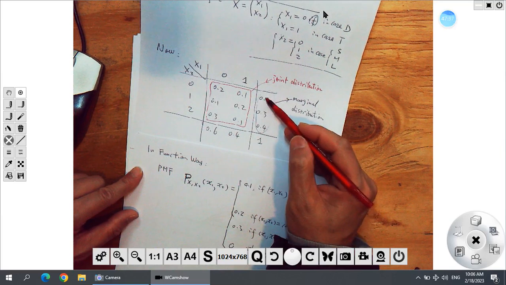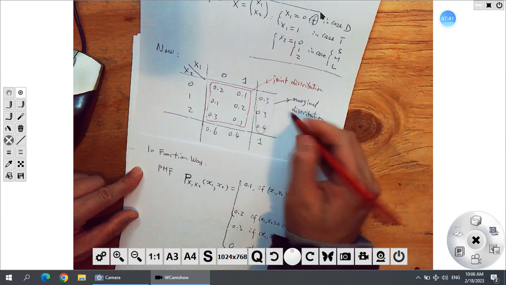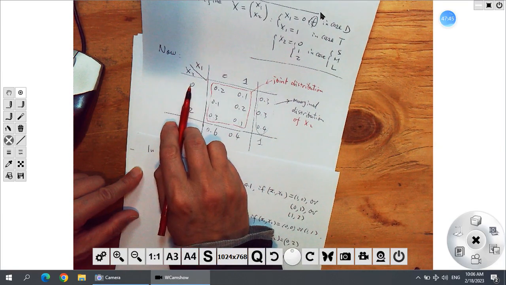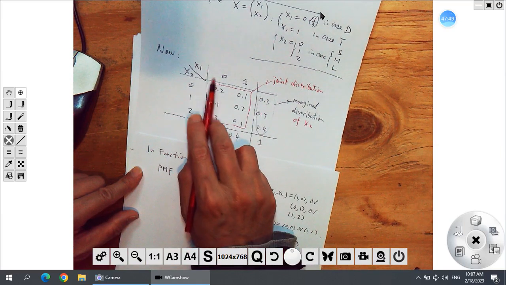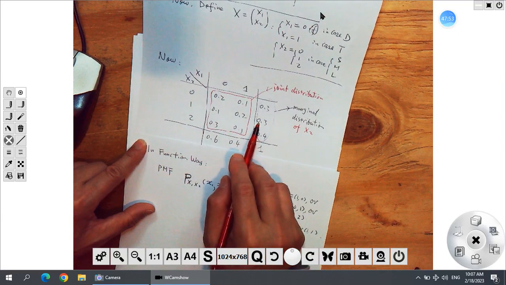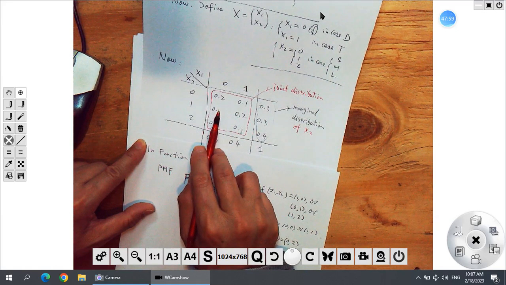And here, this is the marginal distribution of x2. When x2 is 0, the probability is 0.3. It combines all the possible x1. Similarly, when x2 is 1 and x1 could be any value, the probability is 0.3.